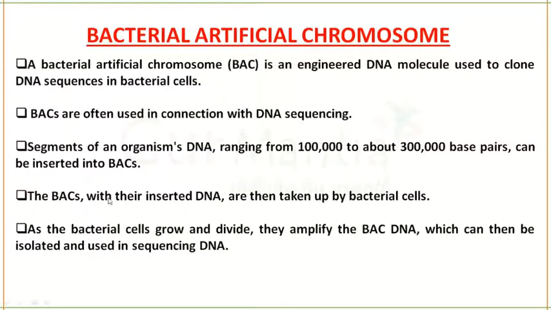The BACs with their inserted DNA are then taken up by the bacterial cell, and that is what is called transformation. As the bacterial cells grow and divide, they amplify the BAC DNA, which can then be isolated and we can sequence the DNA.